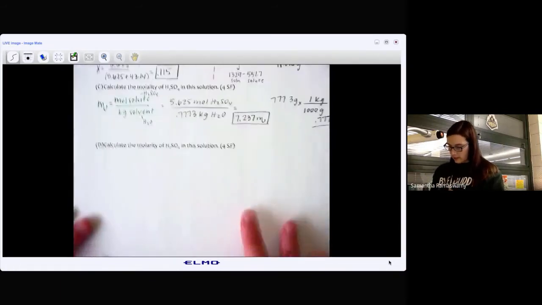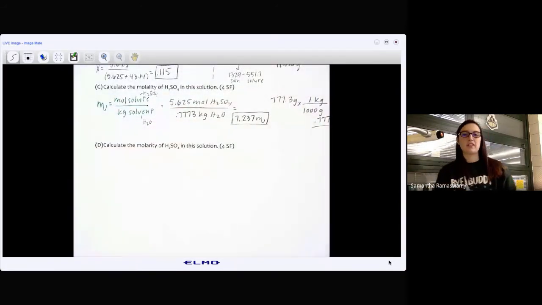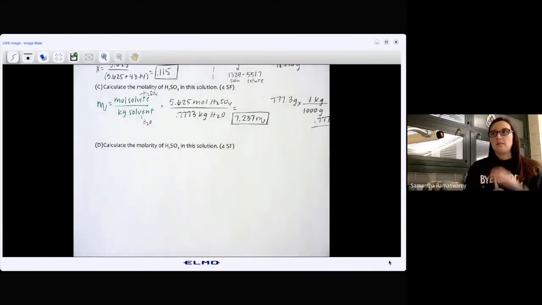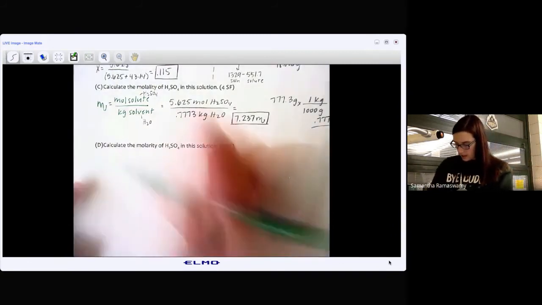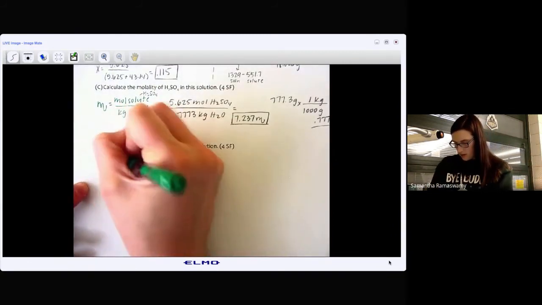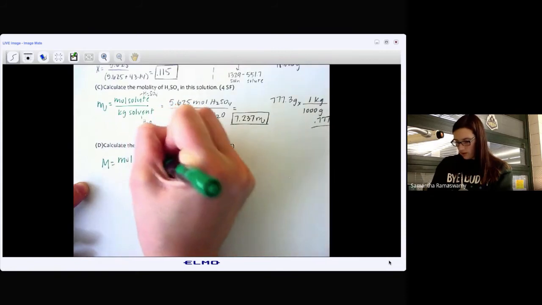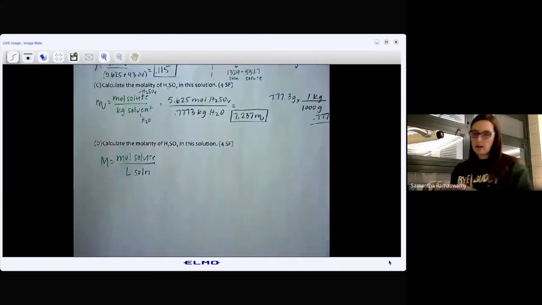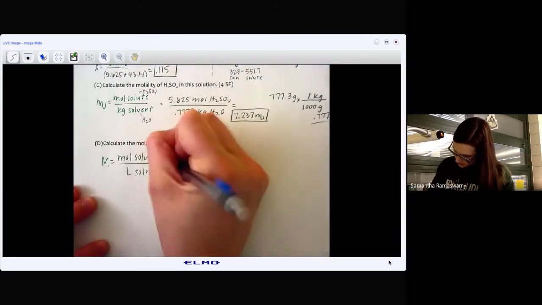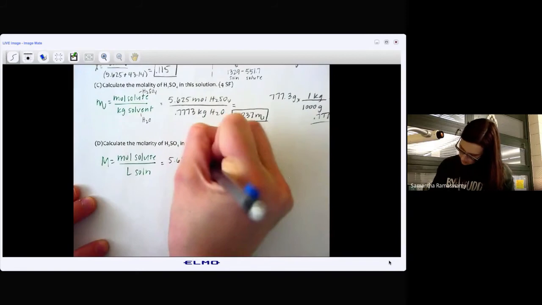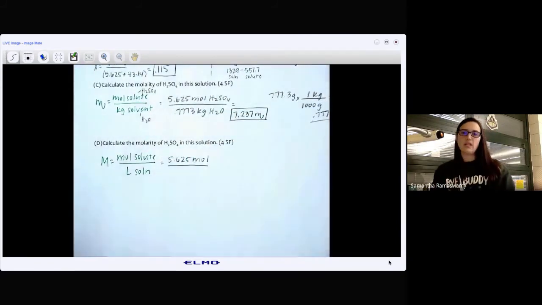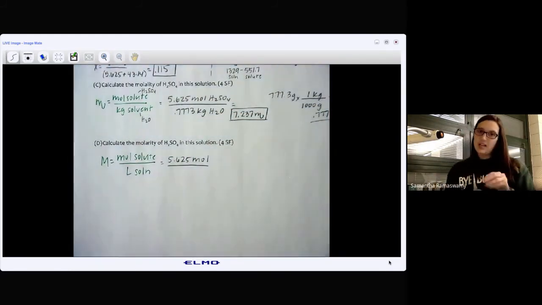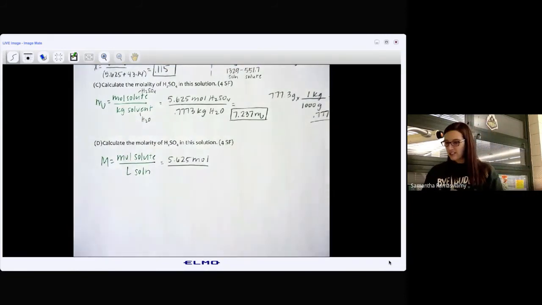Okay, and then finally part D, and this is usually where people have the questions. For part D, because when you calculate molarity, you need moles of solute over liters of solution. Well, again, moles of solute we've already found. 5.625 moles. Then we need liters of solution. If you read the question carefully, it says per liter of solution.